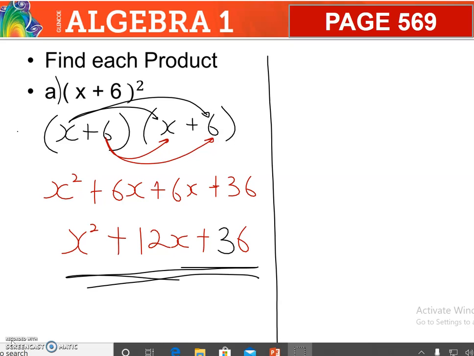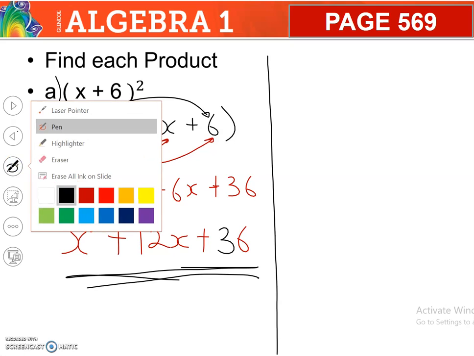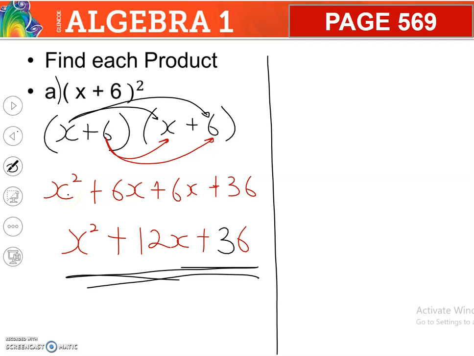The other way we can solve this is by using our formula. We realize that if we have a plus b squared, our answer was a squared plus 2ab plus b squared, and this can also be used. So in that case, we can say x is a and 6 is b.